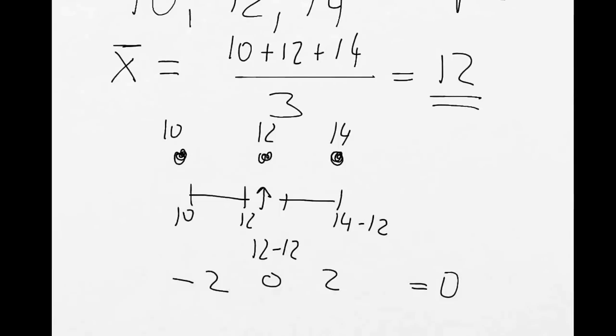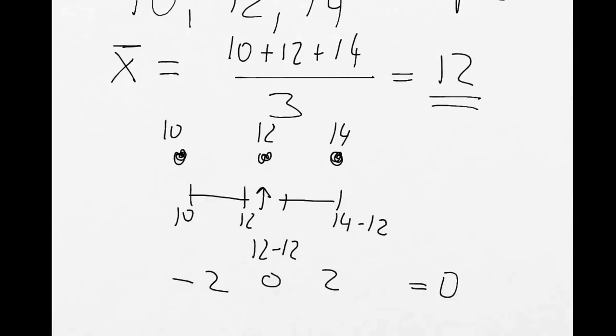That's a bit daft, because 0 in this case would tell me that the data are not in any way spread out. But they are spread out, aren't they? So I have to come up with a slightly different idea.